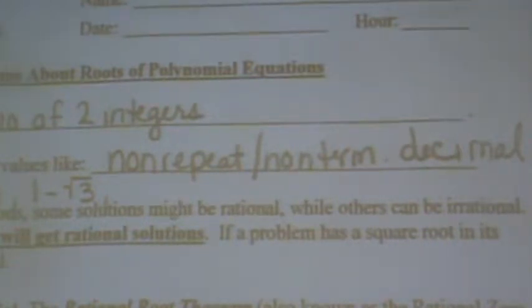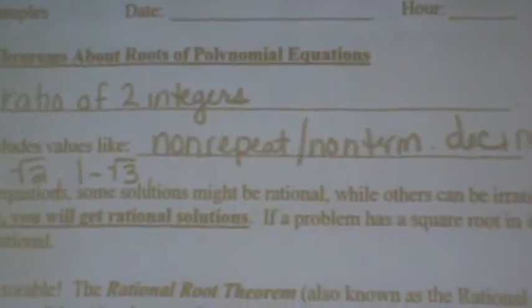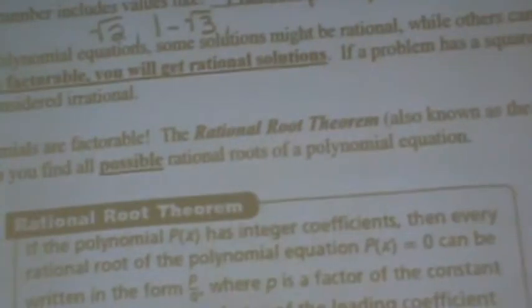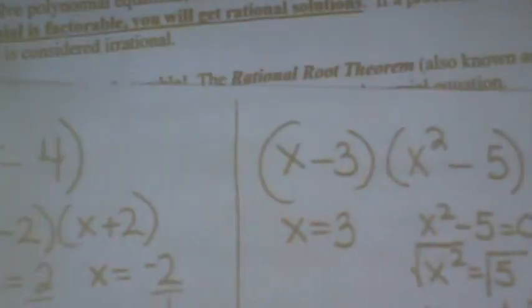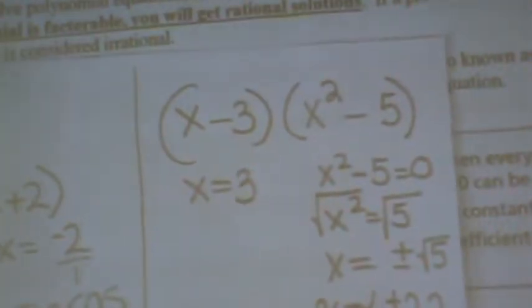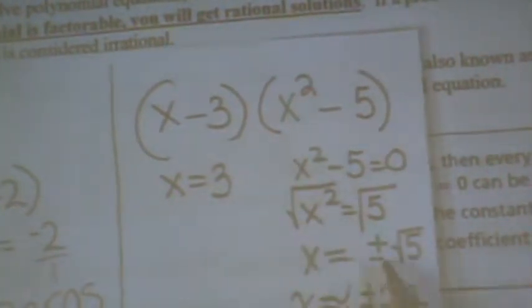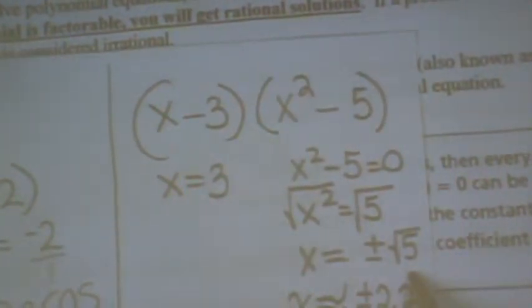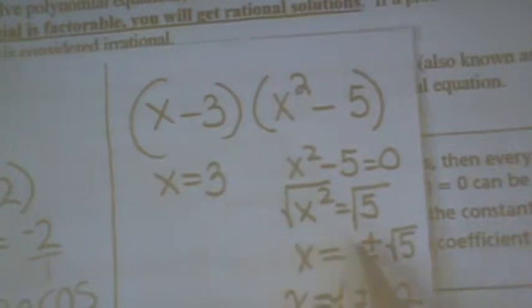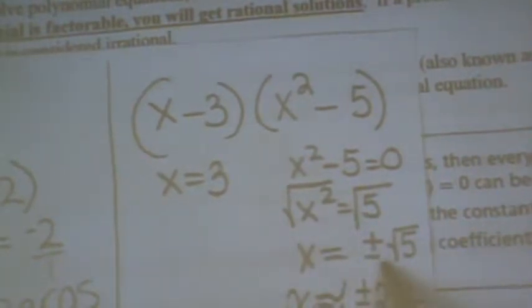Okay? So now, knowing you have to read the directions. If it says find all the rational zeros and you write 3 plus or minus root 5, it's wrong. If it says find all the real numbers and you put these, 3 and plus or minus, then it's correct.